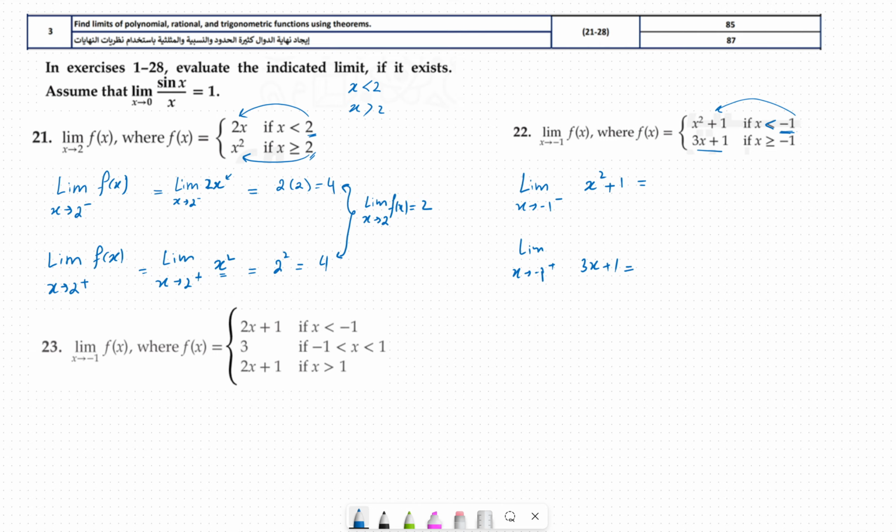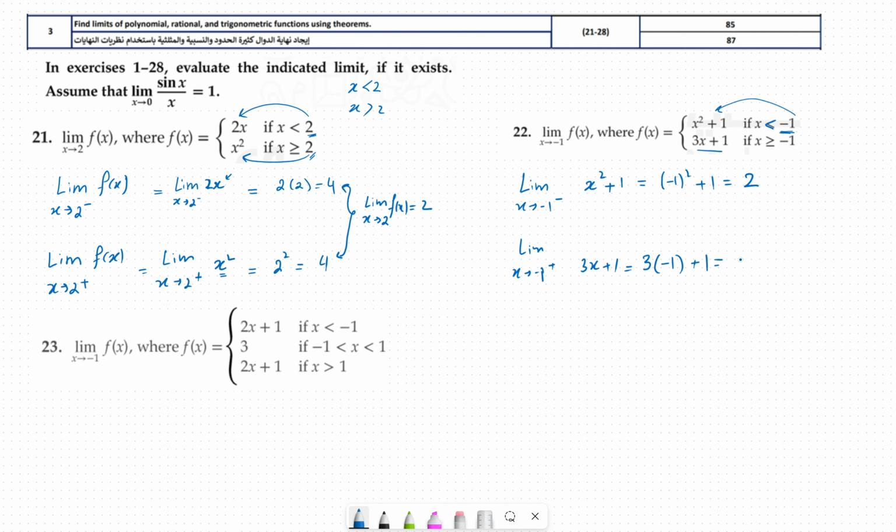Now I do direct substitution. In the place of x, I'm going to substitute minus 1. So minus 1 squared plus 1 is going to be equal to 2. Now please be careful that when you are putting this in your calculator, you need to use brackets. Brackets are very important. Now I substitute in the next one, 3 times minus 1 plus 1.